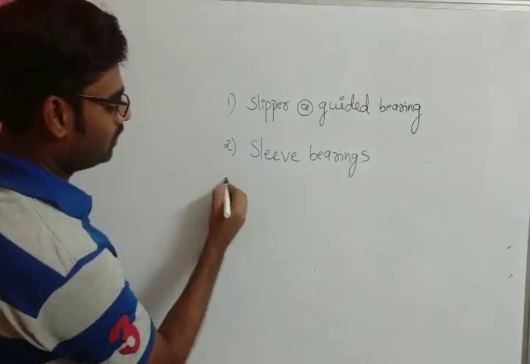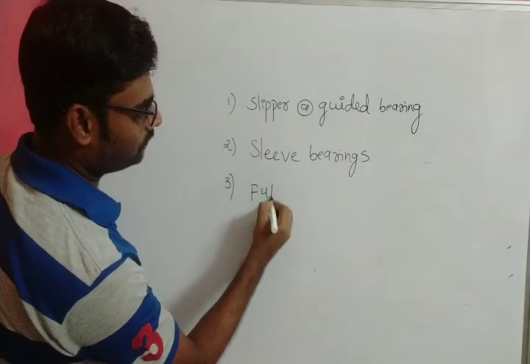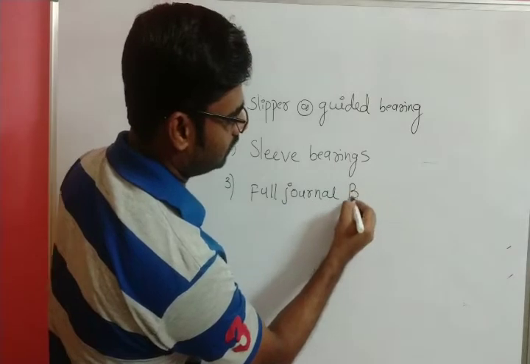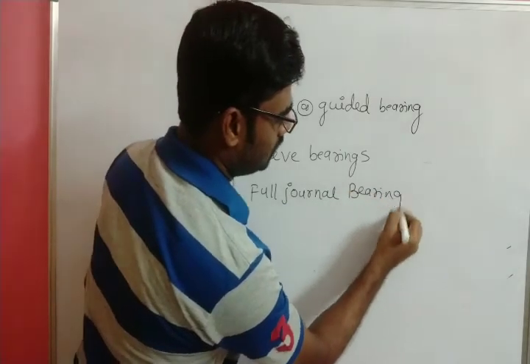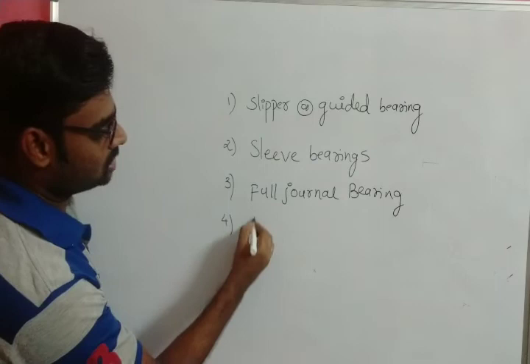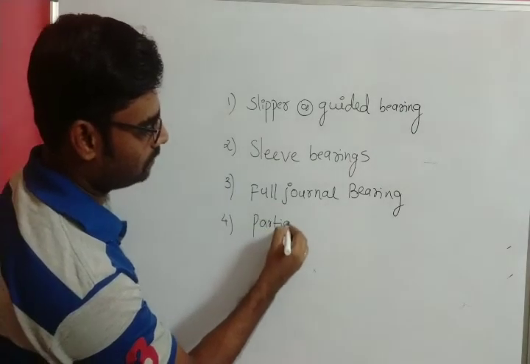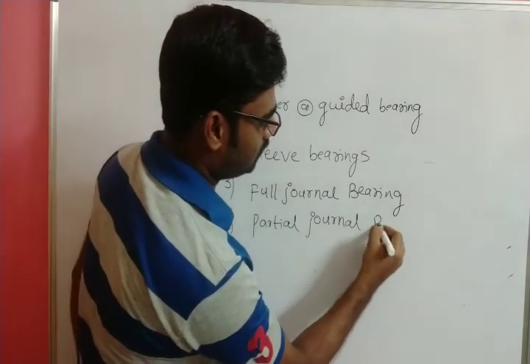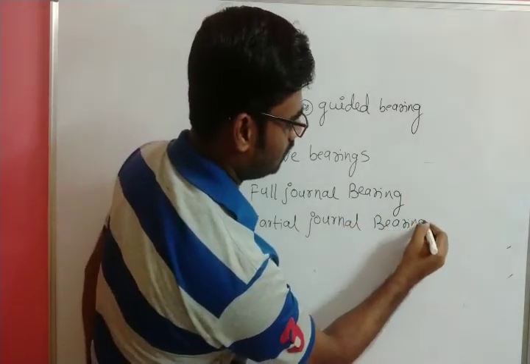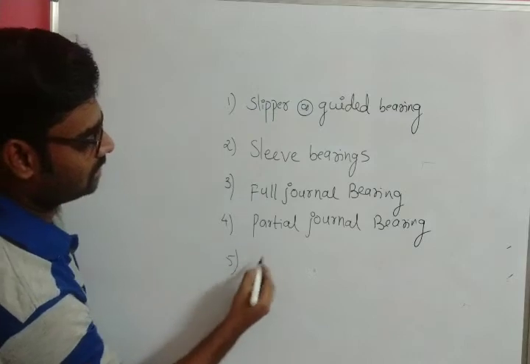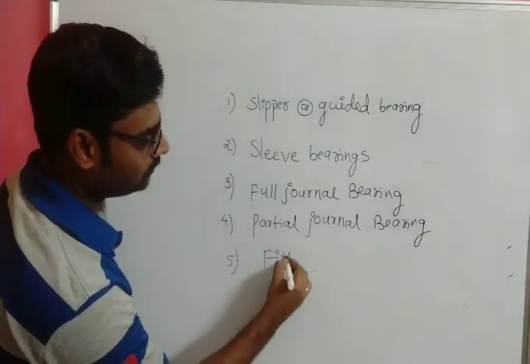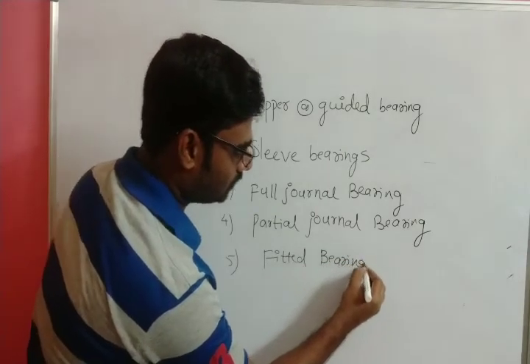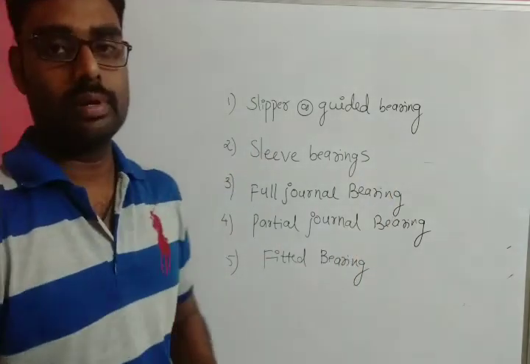Third one is full journal bearing. Fourth one is partial journal bearing. Finally, fifth one is fitted bearings. So these are all very important.